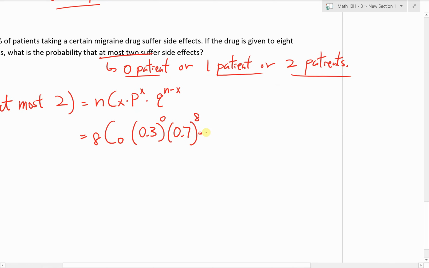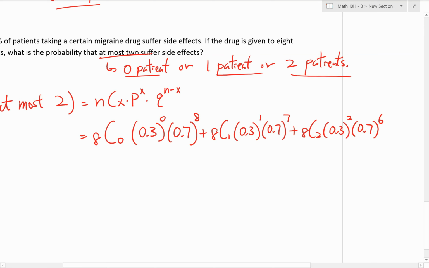Plus 8C1, 0.3 to the power of 1, 0.7 to the power of 7, right? We want 1 patient to have side effects, so 0.3 to the power of 1. If 1 patient has side effects, that means 7 don't, so 0.7 to the power of 7. Continue, it will be 8C2, 0.3 squared, 0.7 to the power of 6.